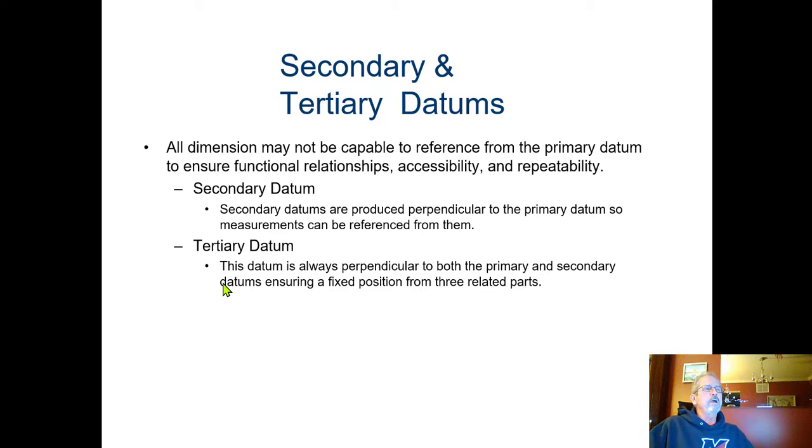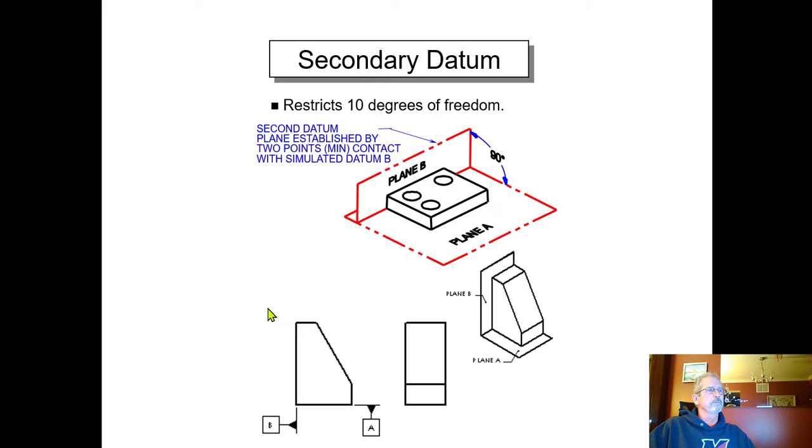Okay. So we also have secondary and tertiary datums. The secondary being a surface perpendicular to the primary datum, so it can be measured and referenced from them. And the tertiary, the datum that's always perpendicular to both the primary and secondary datums, to ensure those fixed relationships from those parts, right?